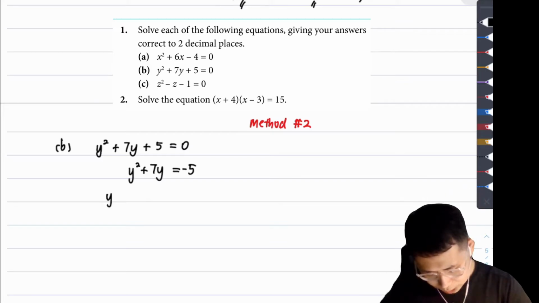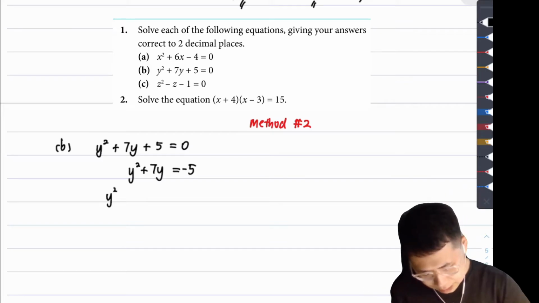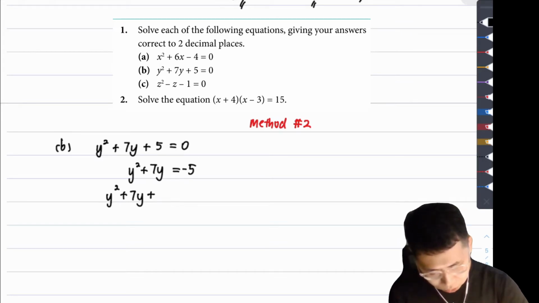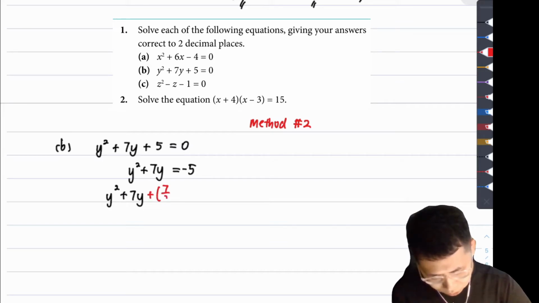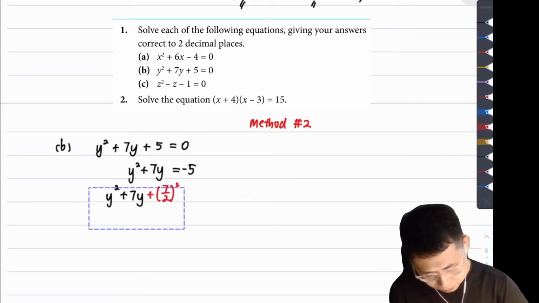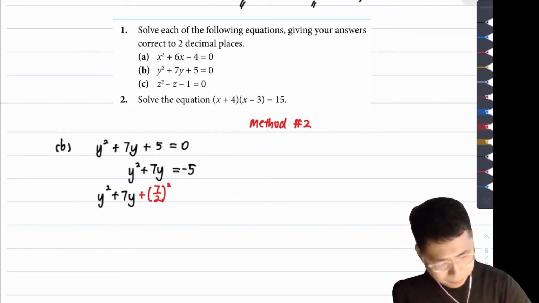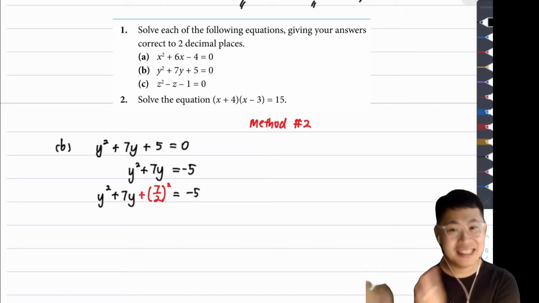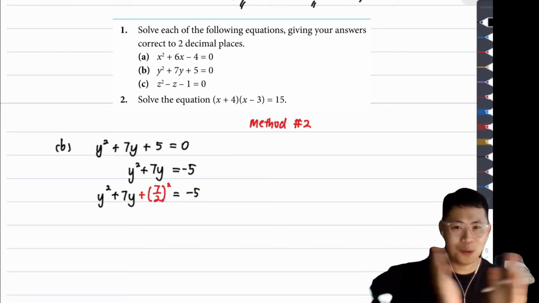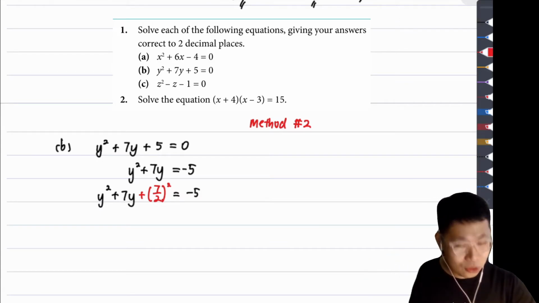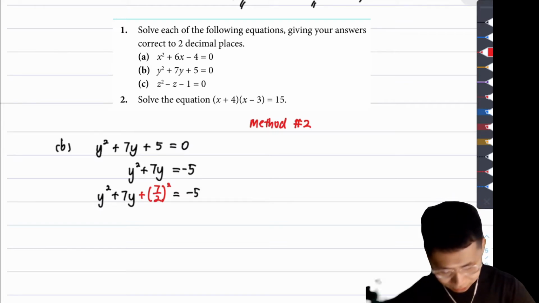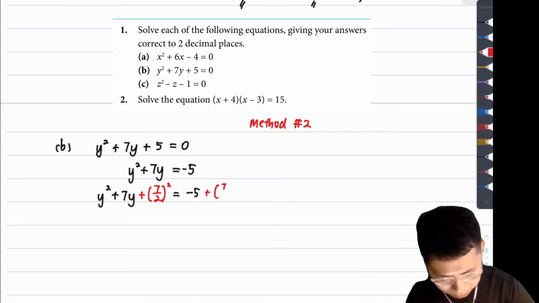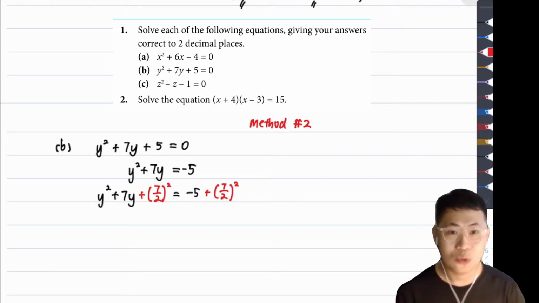This is a plus 7, so the ingredient is my b over 2. So I need to add a positive 7 over 2 squared on the left. At the same time, in order to balance the left hand side, I need to balance the right hand side, so I add 7 over 2 squared on the right too.